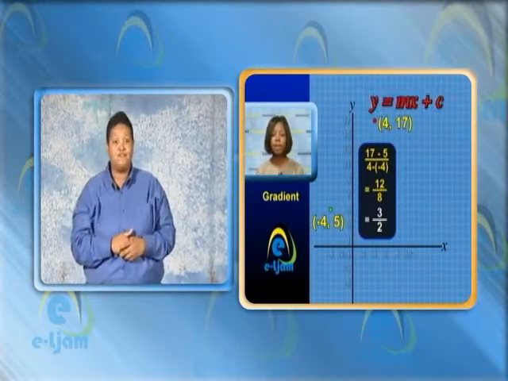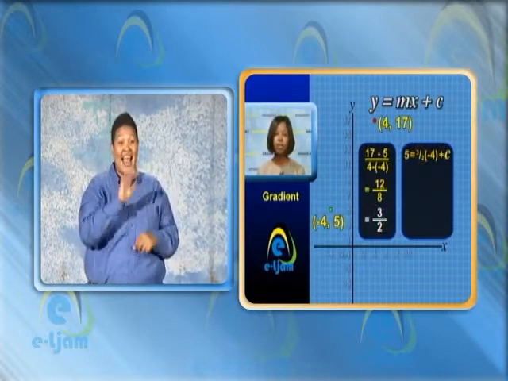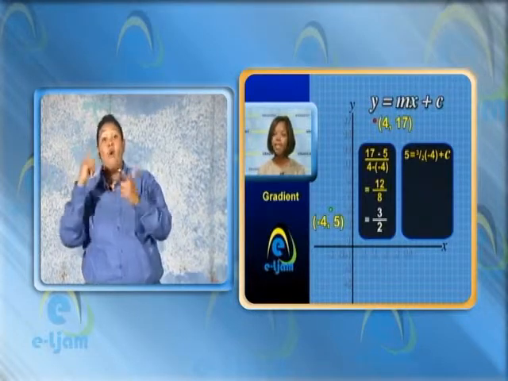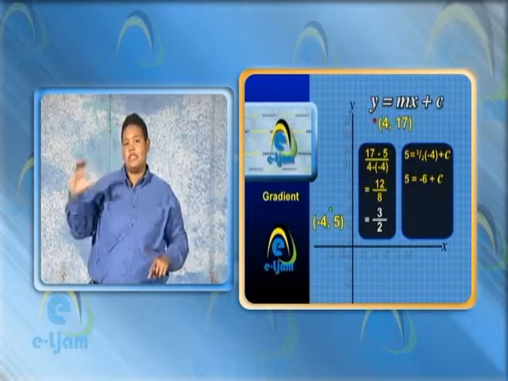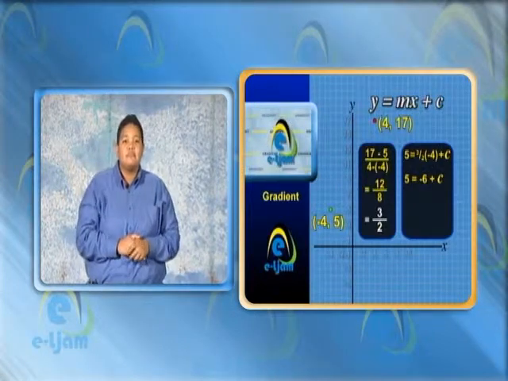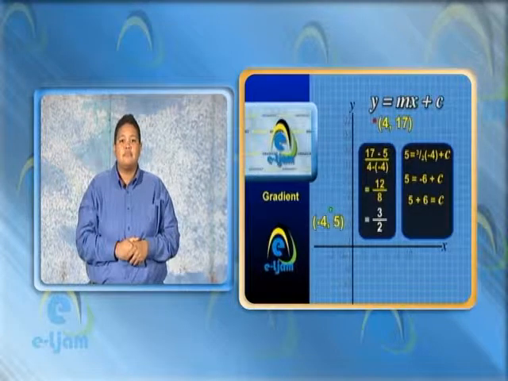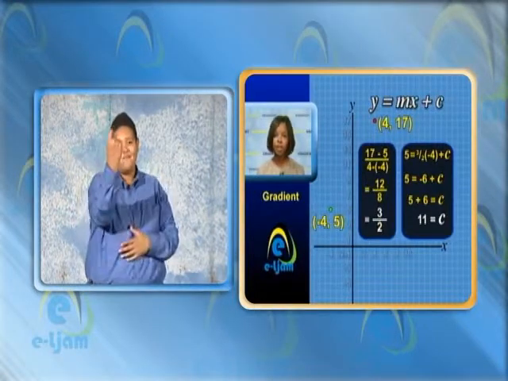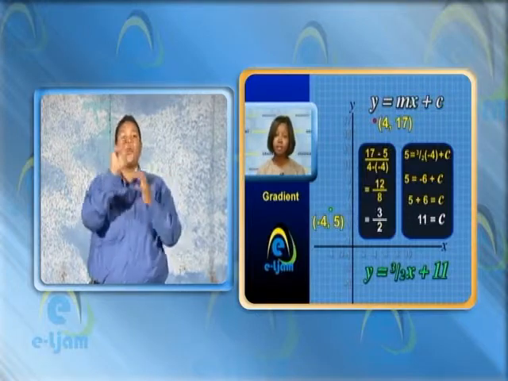So in y equals mx plus c, we substitute and get 5 equals 3 over 2 times negative 4 plus c. Since c is the only unknown, we solve for it. The solution is 11. Therefore, our equation is y equals 3 over 2x plus 11.